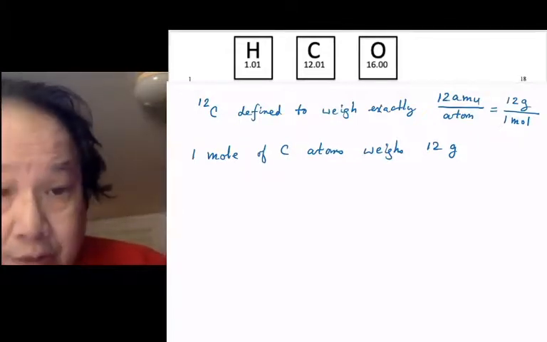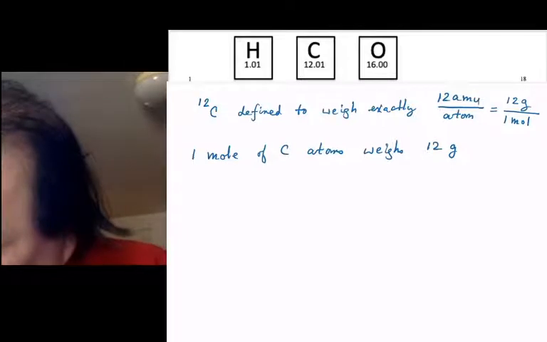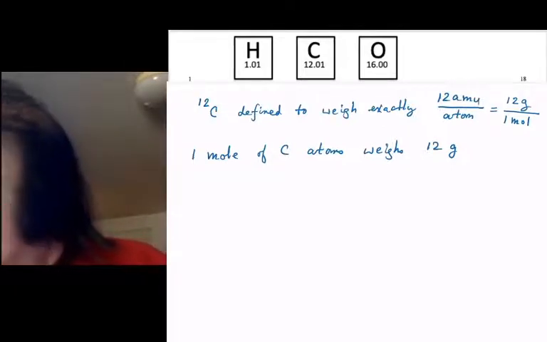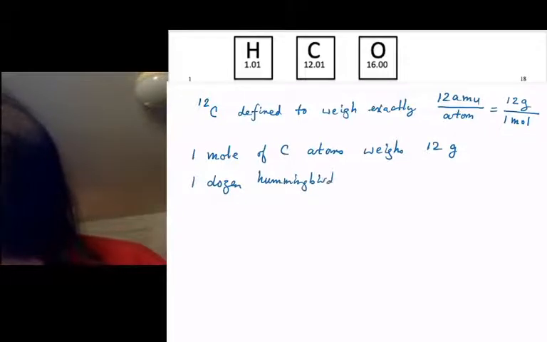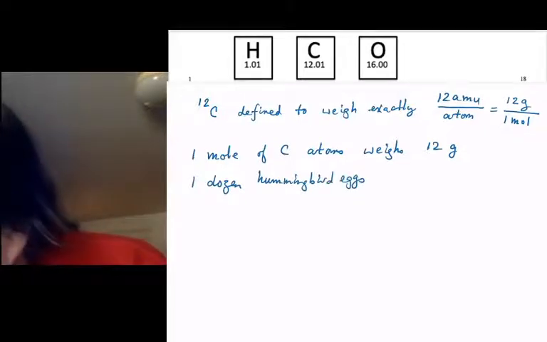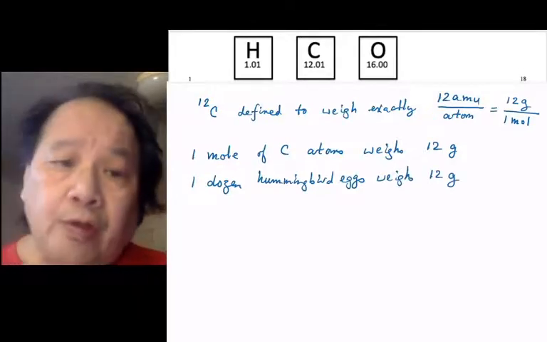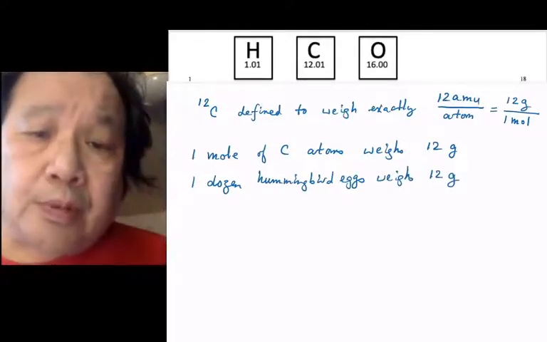And the example I mentioned in pure lead is this one. 1 dozen hummingbird eggs weighs 12 grams. So I want to consider 12 grams of hummingbird eggs.